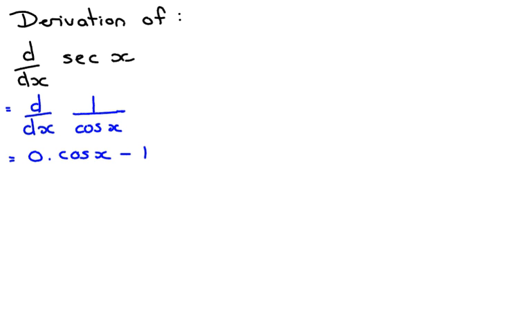We're now going to have a look at the derivative of sec x. I'm going to start by rewriting that in terms of cos x, so that's 1 over cos x. Again, I'm going to use my quotient rule. The derivative of 1 is 0. We're going to just write down the denominator, minus the numerator multiplied by the derivative of the denominator, which is negative sine x, all over the denominator squared.